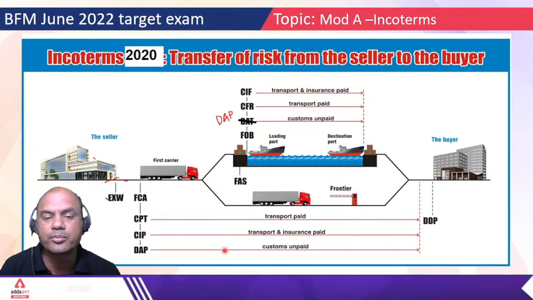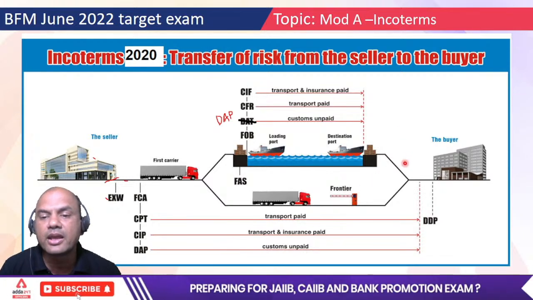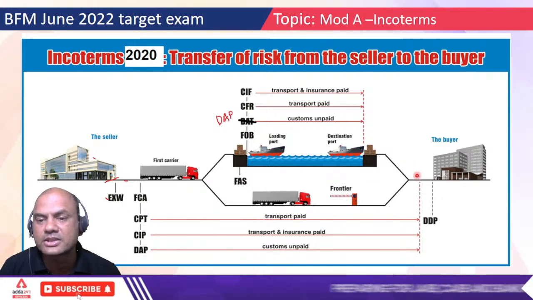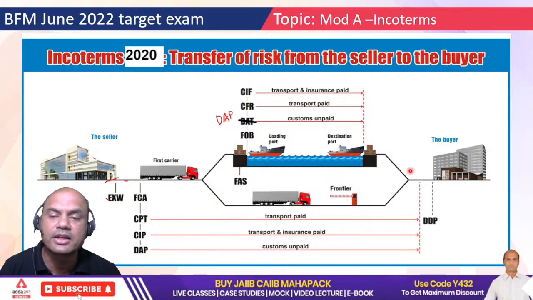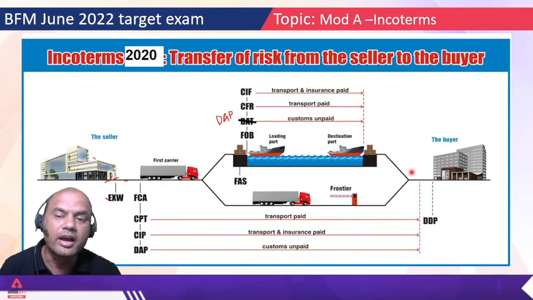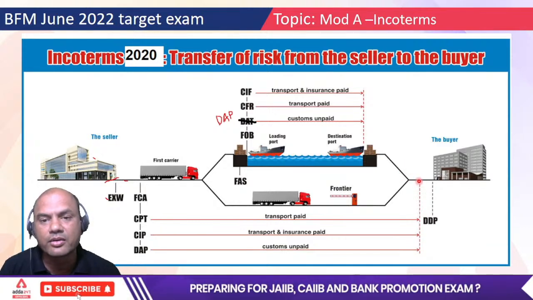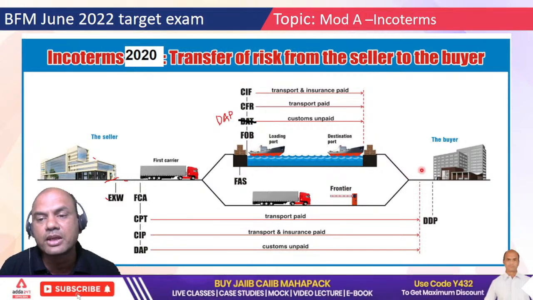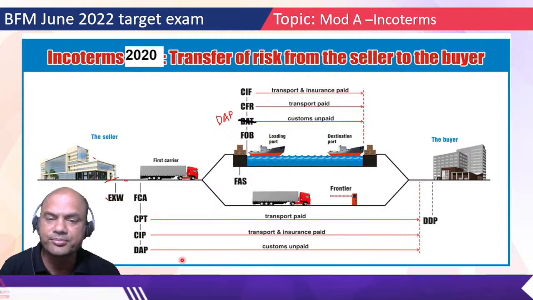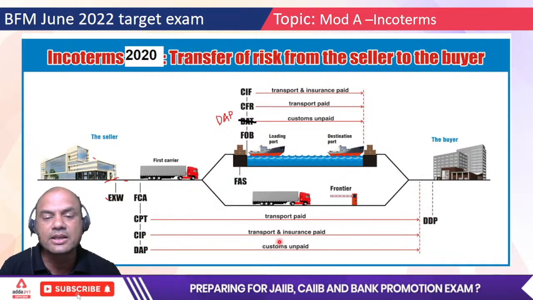That is called DAP. In DAP the truck comes to his godown and the responsibility gets over. Again DAP has two terms, DAP unloaded and DAP loaded. Unloaded means the goods would be unloaded at whichever place is said by the buyer. So that is DAP, customs unpaid.